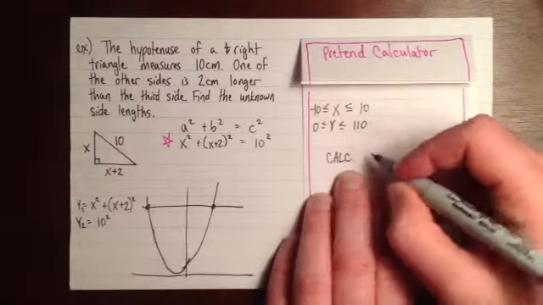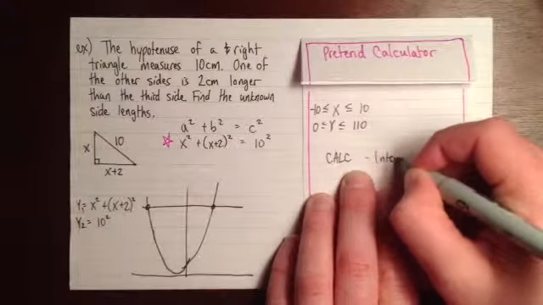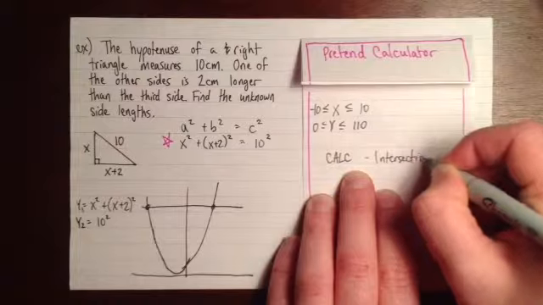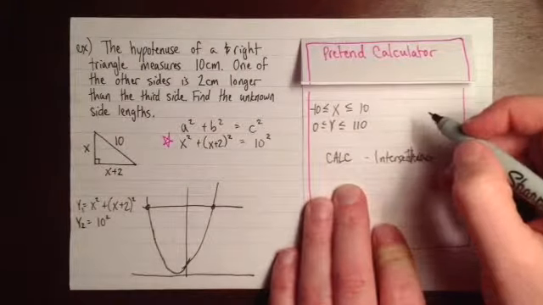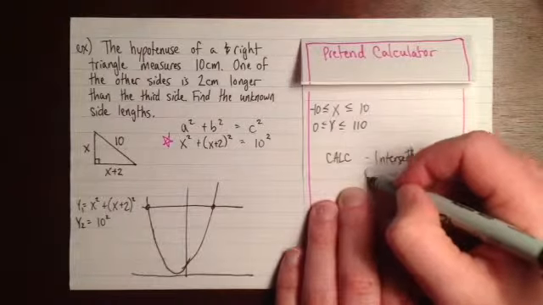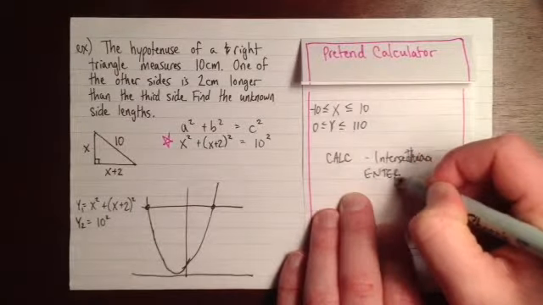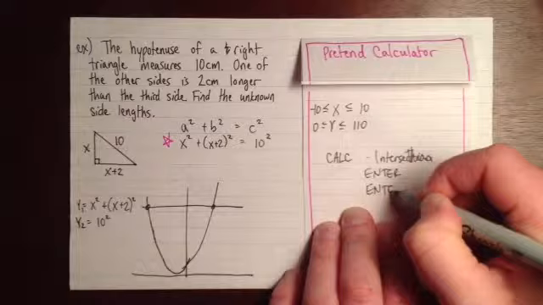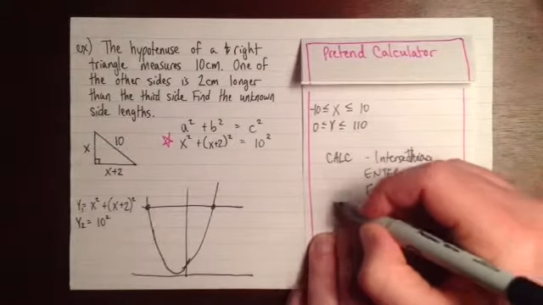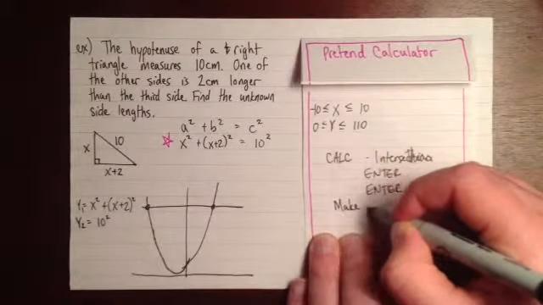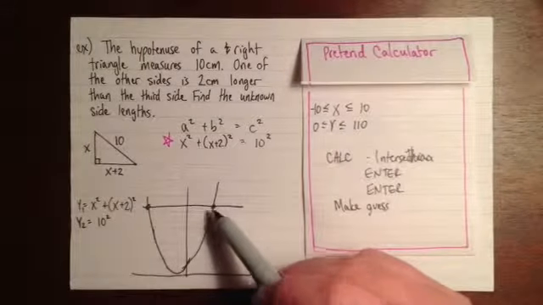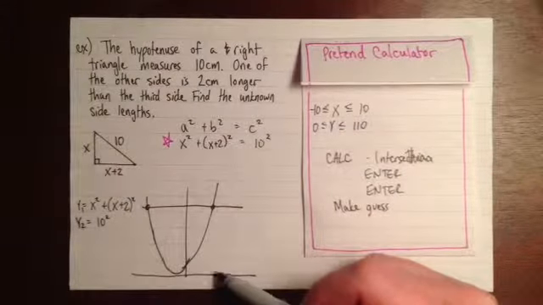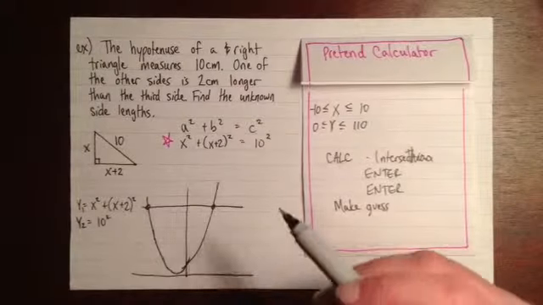Remember the calc is second trace. And it's intersect because we want to find where these two lines intersect each other. It says first curve, and you press enter. Second curve, enter. And then you've got to make a guess. By making a guess, I mean put the cursor right on the top of the intersection point, or alternatively put in the x value that you think the intersection point is at.